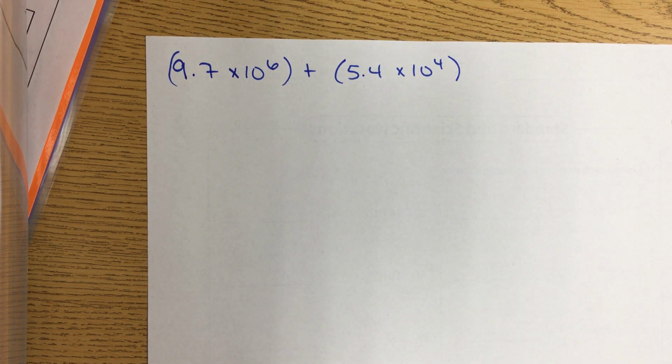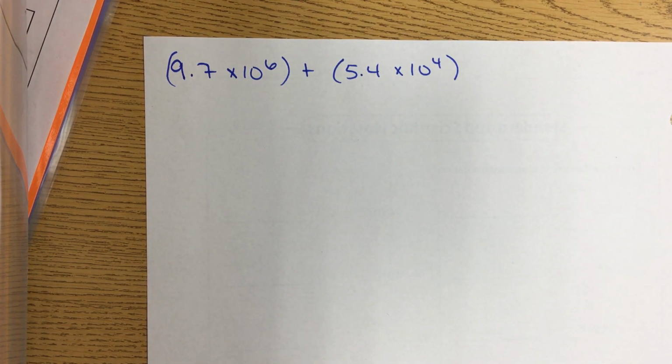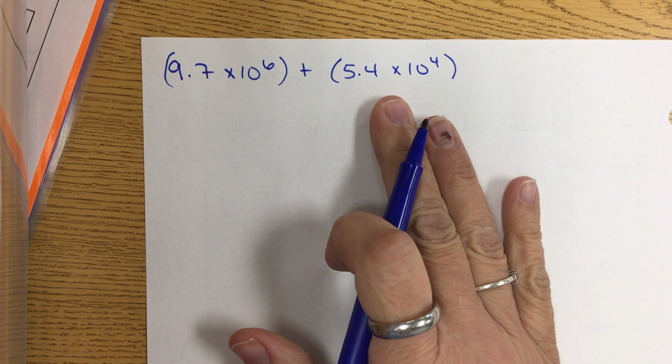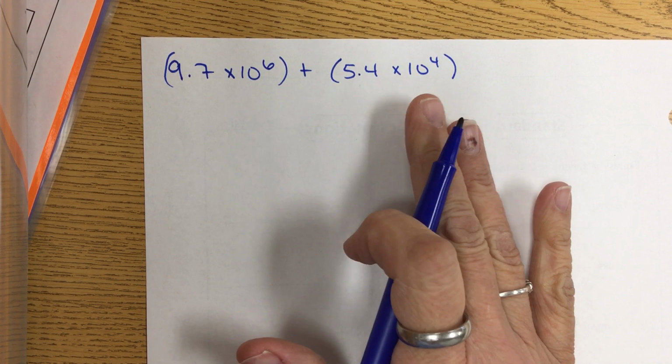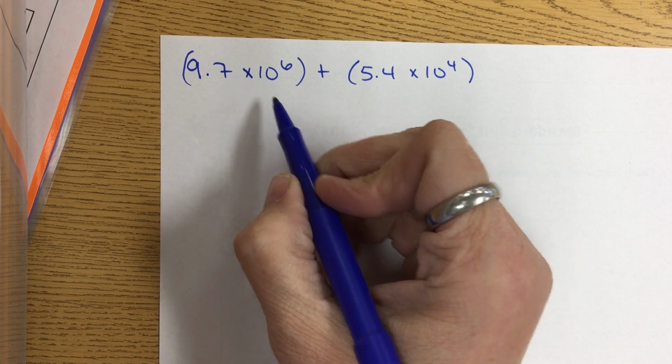The first thing that you're said is both of the exponents have to be the same. If you notice right here, the exponents are not the same, so we have to make them the same. It doesn't matter which one you change for addition, it does matter for subtraction though. So on this one, I'm just going to change this one.